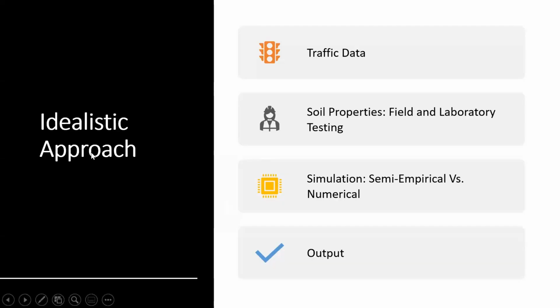So just an idealistic approach when dealing with this problem is you have traffic data. This is very, very important, very vital, because it means a lot of money. And this is one of the areas where there is always deficiency in information, usually from the client side, as to the expected traffic data.